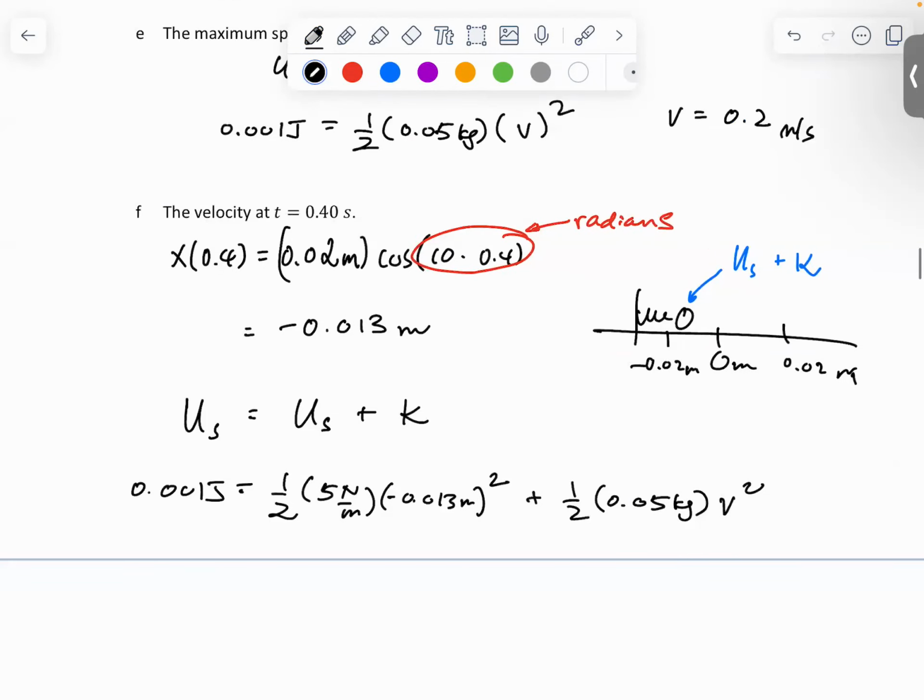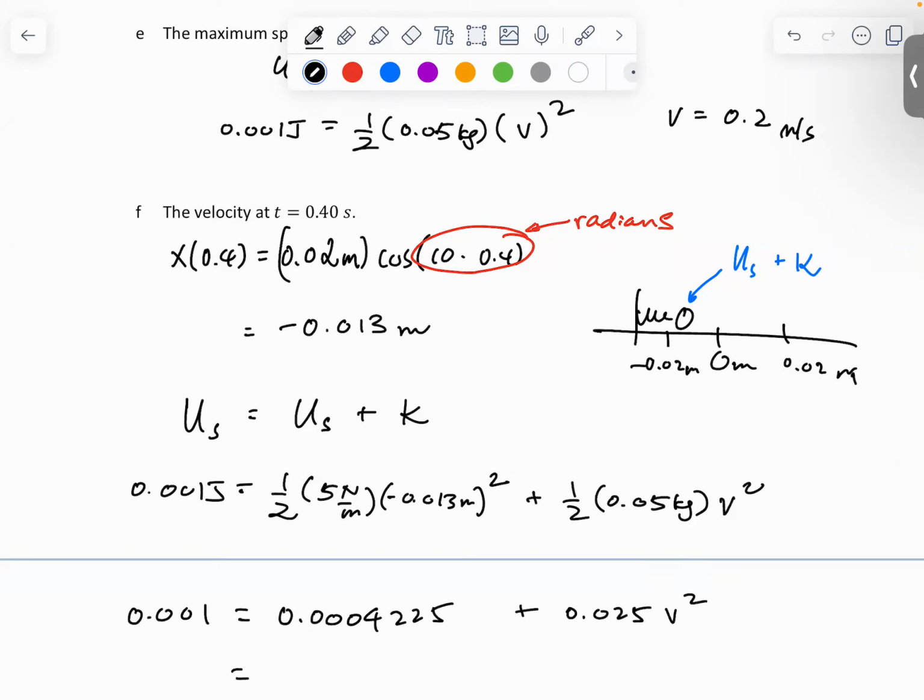I'm not going to rush, so just do it one by one. 0.013 squared times 5 divided by 2, it's going to be a pretty tiny number, 0.0004225, and then 0.05 divided by 2, it's 0.025 v squared.